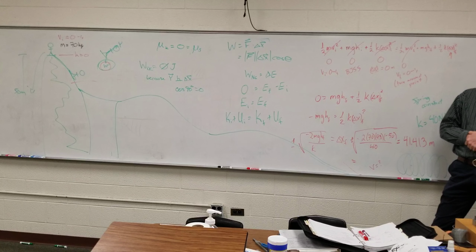He would still go all the way back up, but at 50,000 meters you'd start to notice some changes in the acceleration due to gravity. How far you are from the Earth does affect your potential energy.